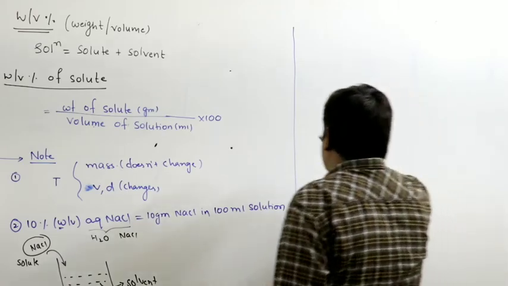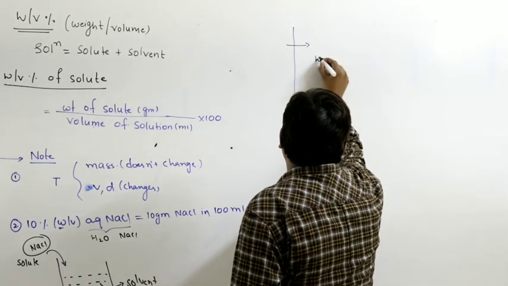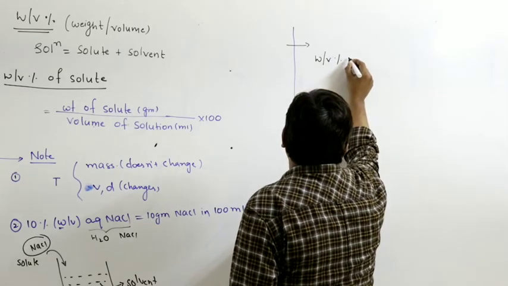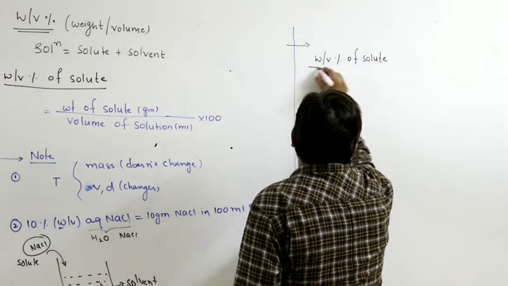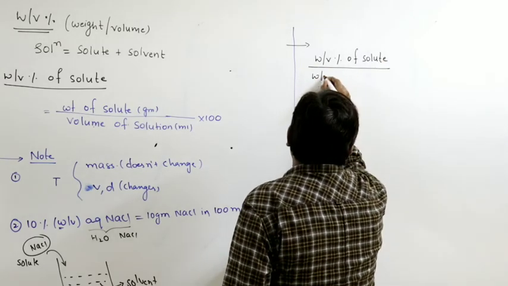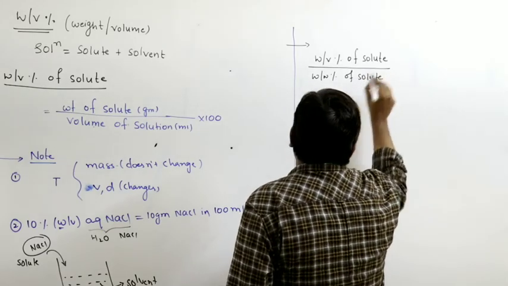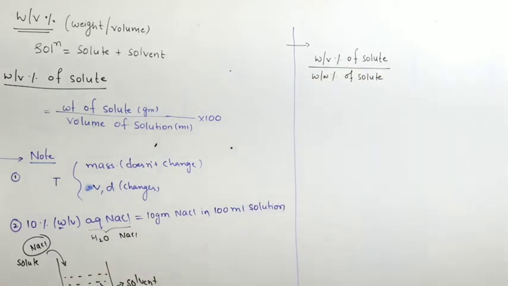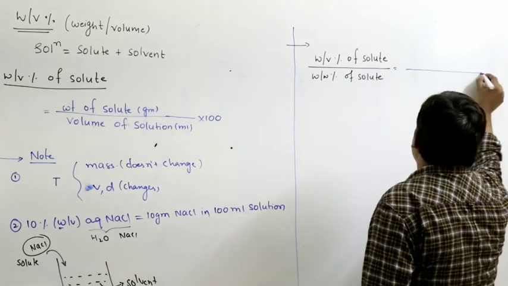Now, note 3: weight by volume percentage of solute by weight by weight percentage of solute. Just now we have studied the meaning of weight by volume percentage of solute, so I am just applying that definition.